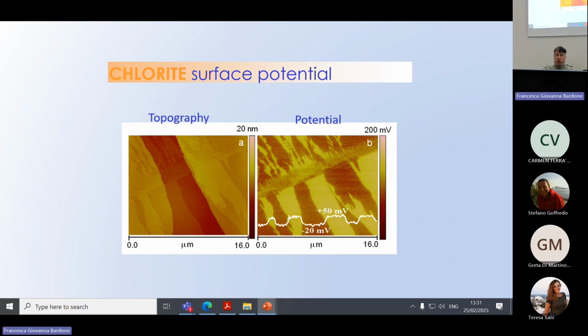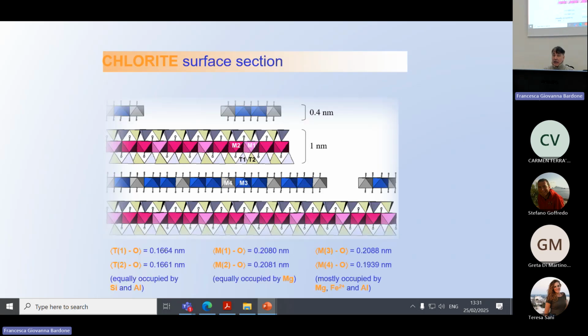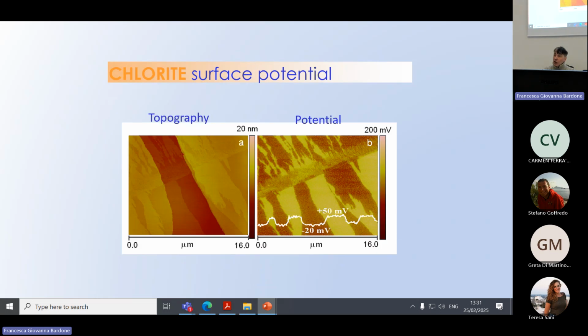You see, not only edges, not only steps, but you can correlate the steps with the potential. Remember, one is positive and the other is negative. So using chlorite, I have a surface in which at the nanoscale I have positive and negative steps, from a charge point of view.